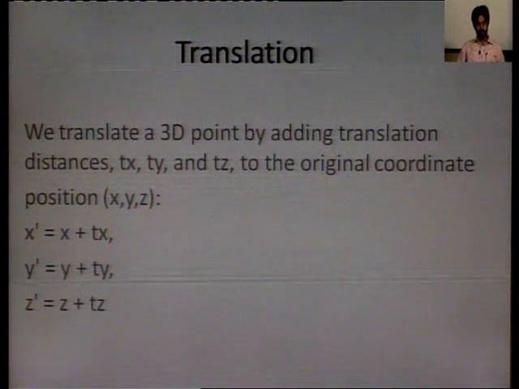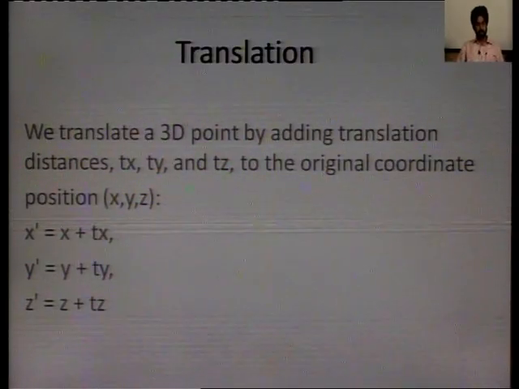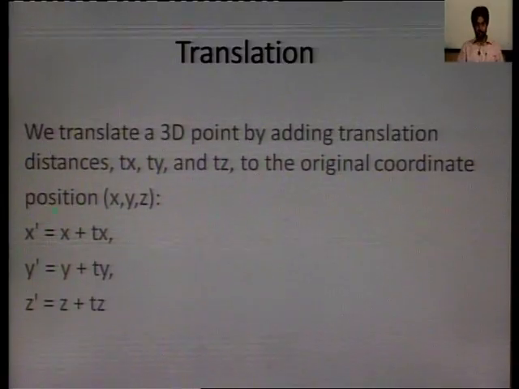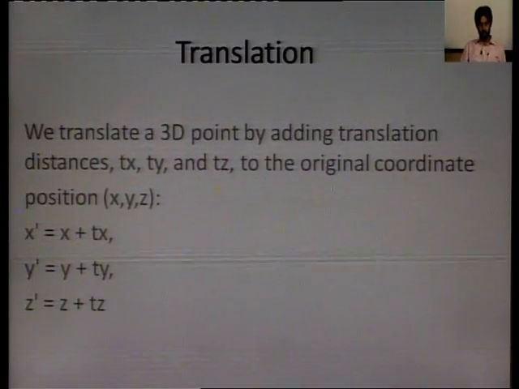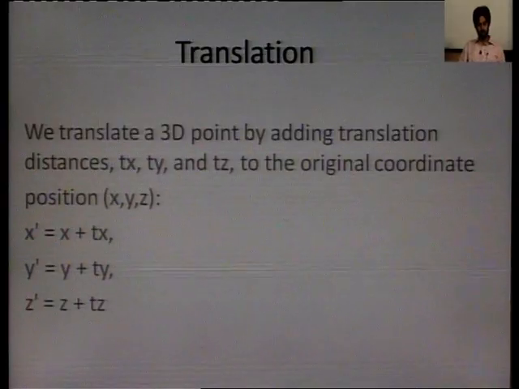Similarly, z dash equals z, the original coordinate, plus Tz, the translation of the z coordinate. So we find x dash, y dash, z dash, the translated coordinates of the original x, y, z. This is basically the translation method.